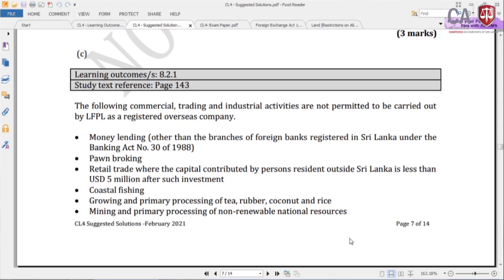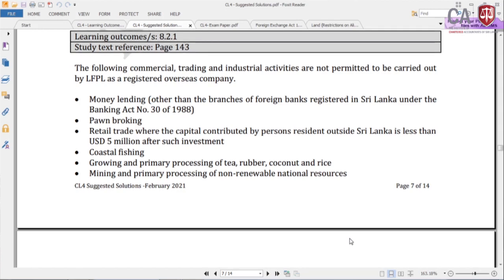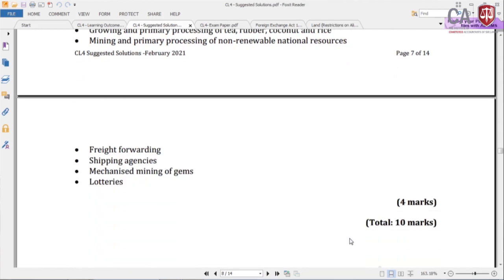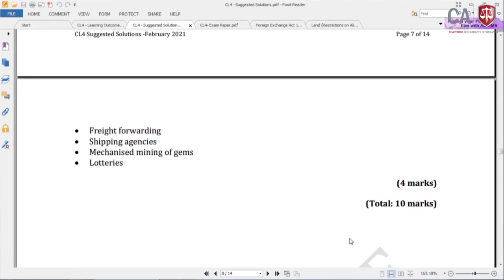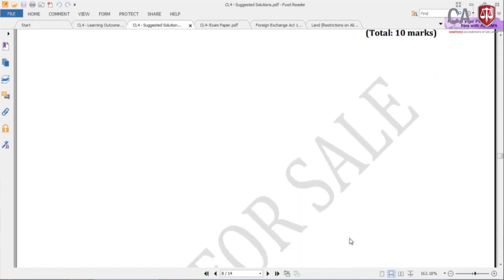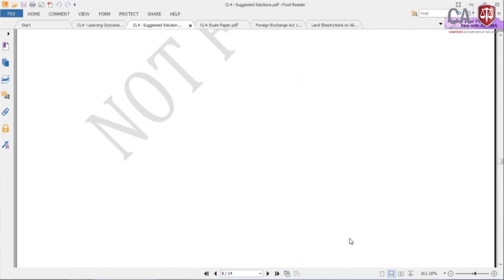So, these three also come in addition to money lending, and then growing and primary processing of tea, rubber, coconut and rice, then mining and primary processing of non-renewable natural resources. So, foreign companies can't do this. Then freight forwarding, shipping agencies, mechanized mining of gems and lottery. So, these are the prohibited types of businesses.